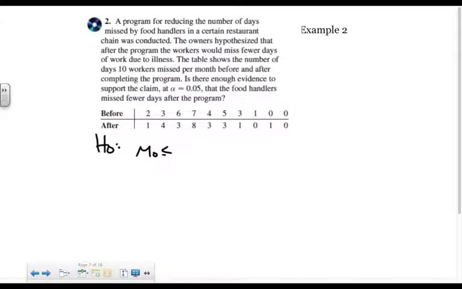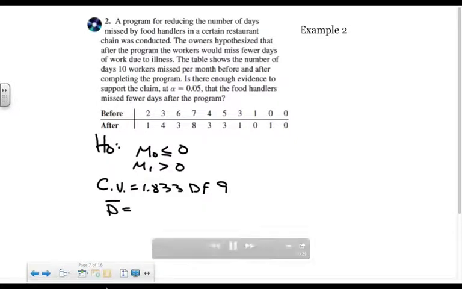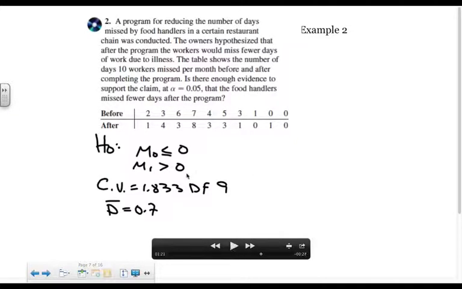So the hypothesis H0 is about the days missed. Let me try this again. So the hypothesis.